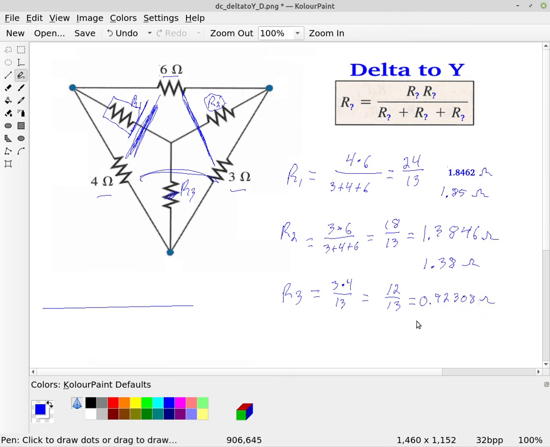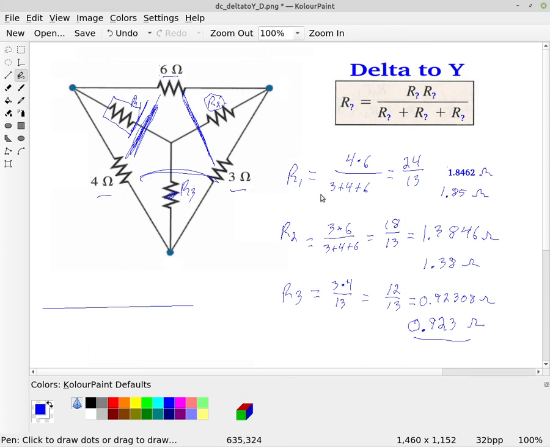If we're going to put this in Blackboard, remember you must always have a leading zero before a decimal point, so it'd be 0.923 ohms, or you could put it in milliohms, but I think we'll just leave it in ohms because the other two values are in ohms also.